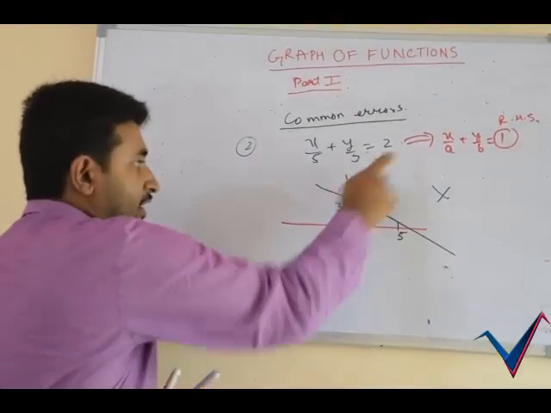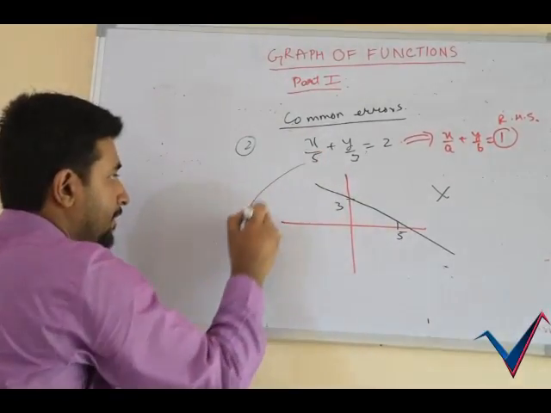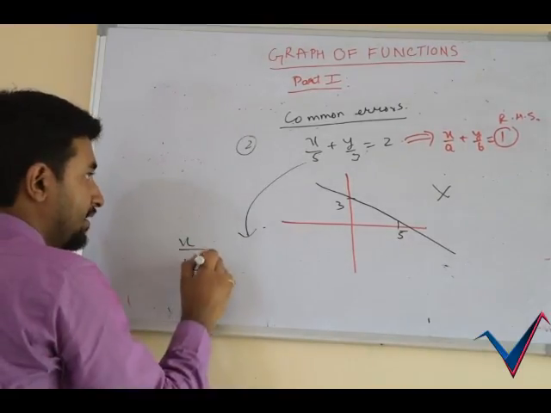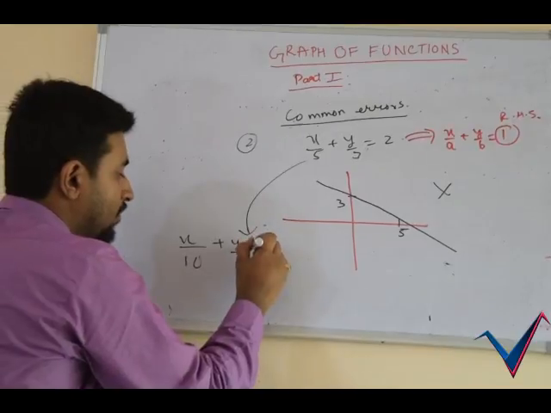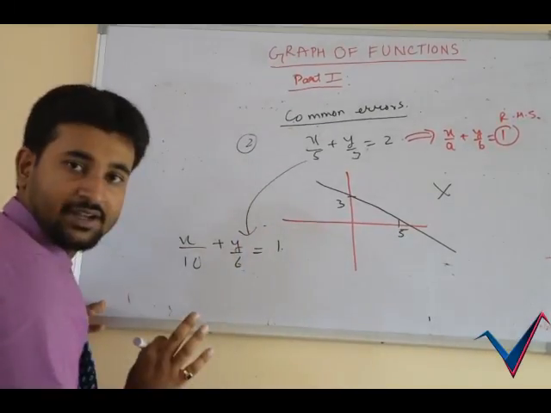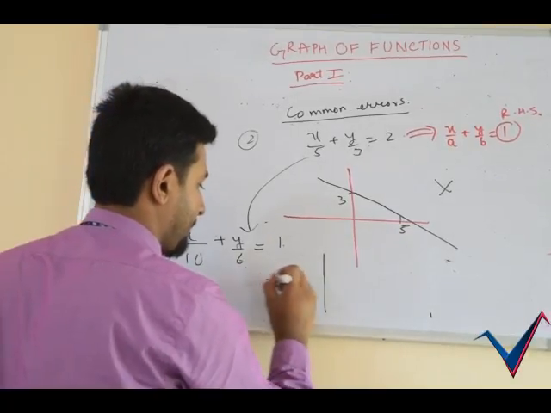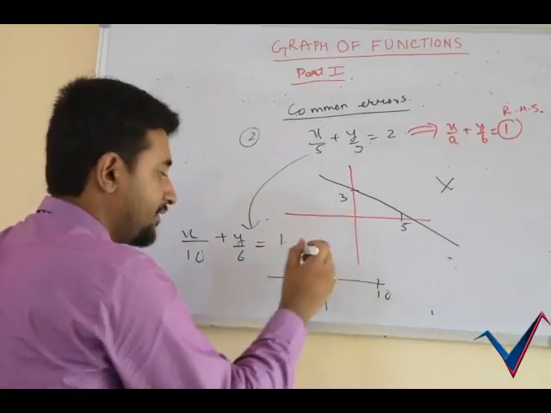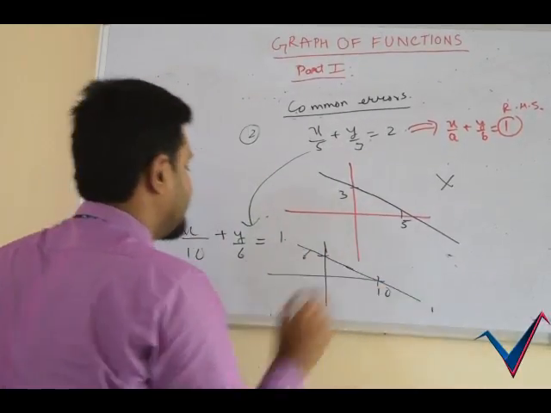So just divide the whole equation by 2 and you would get simply x by 10 plus y by 6 equal to 1. So the graph would simply look like this: x is 10 and y is 6. So the graph would be this way.